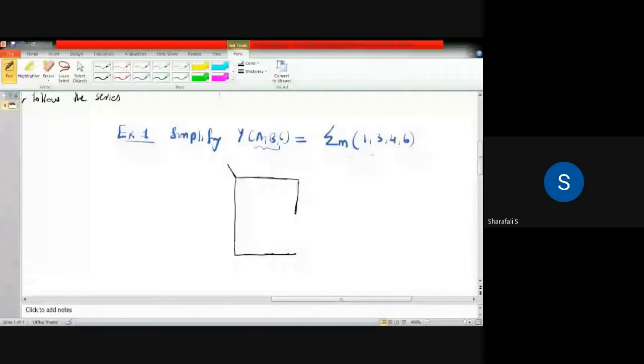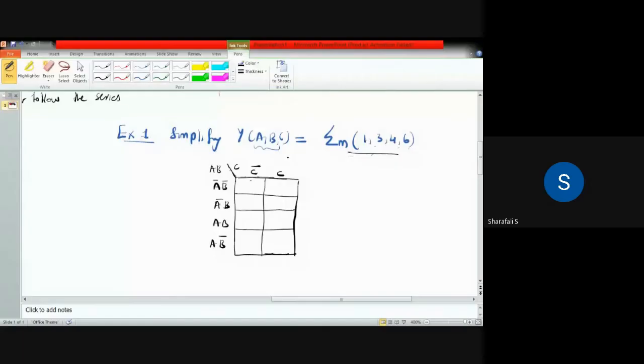Here we have to consider the terms. Here we will be having A, B. What is this? This is C bar, this is C. A bar, B bar, that is 0 0. After that, 0 1, that is A bar B. This is how we'll be having the pattern.